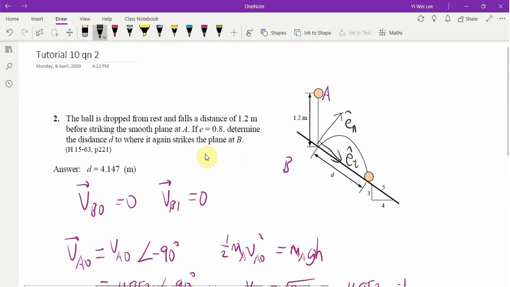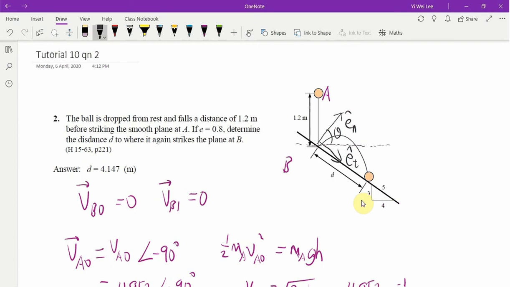So what is e_n? e_n basically denotes the direction along this angle here, and this angle can be calculated.